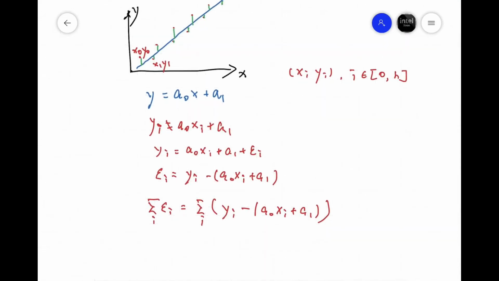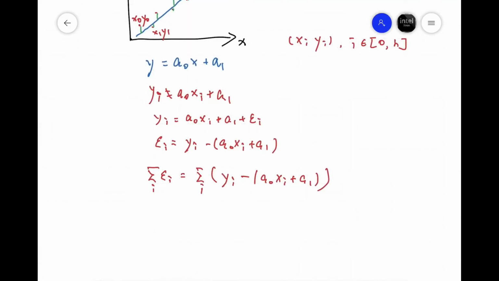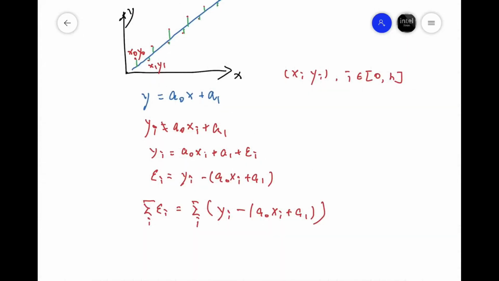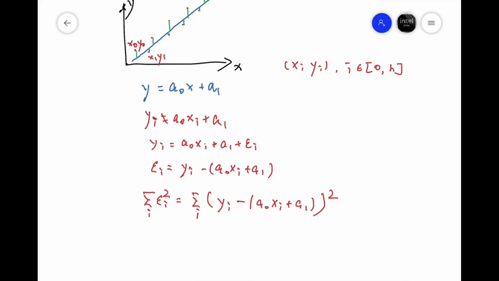But now you will see a problem. If we simply do this calculation here, we may introduce some positive errors, for example for the point x0, y0, and for x1, y1 we may introduce some negative errors, and those errors will cancel out, and that's not what we want. What we actually want is the squared error, so that all the errors are positive when summing them up.